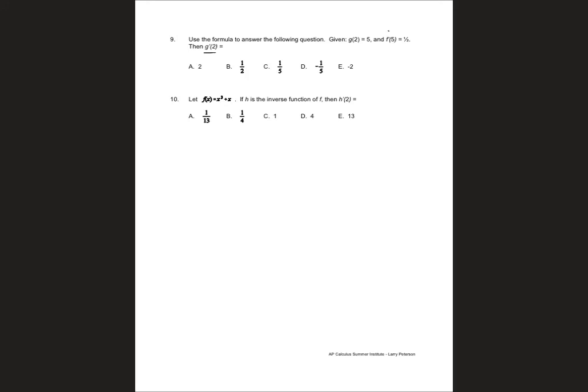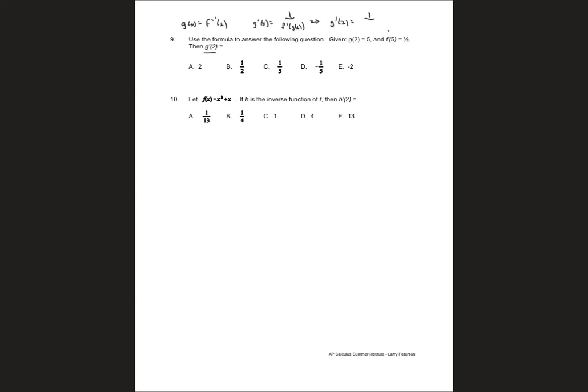The idea is here, they would have given us that f and g are inverses, so that g of x is f inverse of x. So what we do is we know that g prime of x is going to be 1 over f prime of g of x. In this case, we want to find g prime of 2.